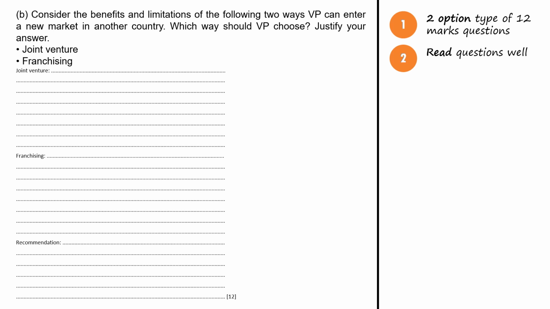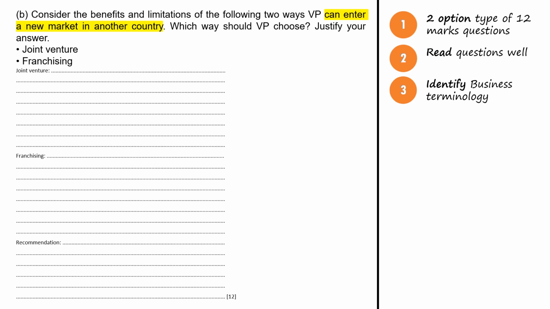Consider the benefits and limitations of the following 2 ways VP can enter a new market in another country. Which way should VP choose? Justify your answer. Now we have to identify the business terminology. Here it is entering new markets abroad in another country. And we have to choose either joint venture or franchising.